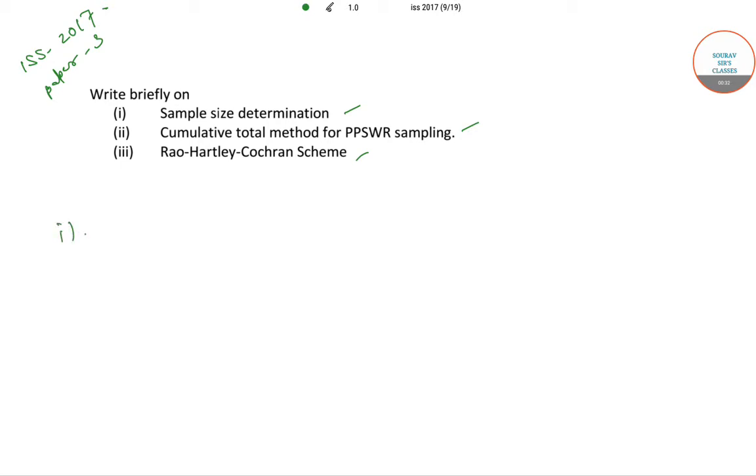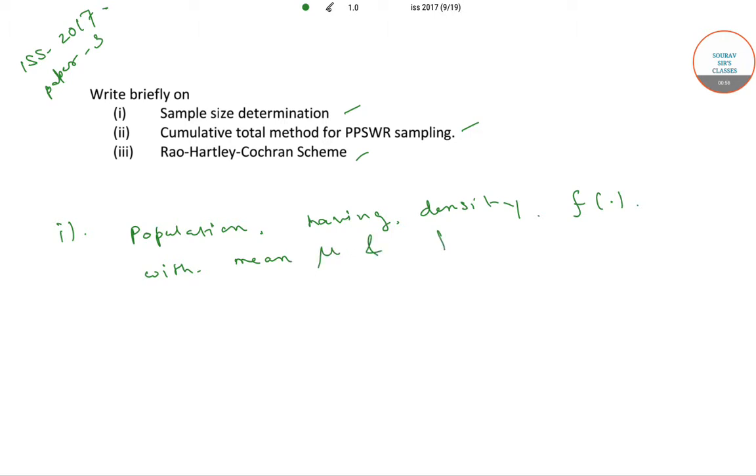Now let us consider a population having density f and with mean mu and finite variance sigma square.